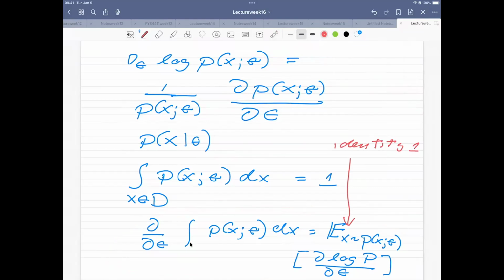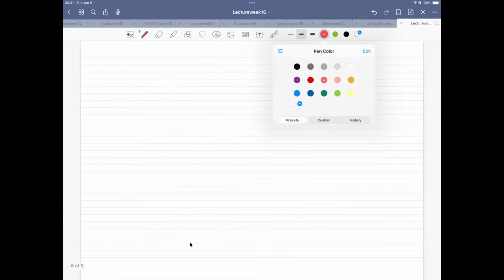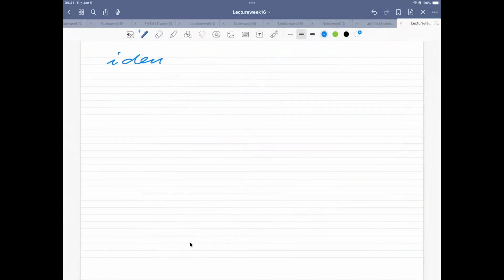There is also another identity which is important for us in this case, and this is something we will label as identity 2 here. The second derivative here is an expectation value, and x is now computed according to this model which we have for the probability.